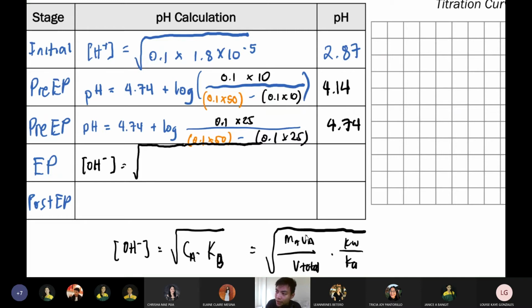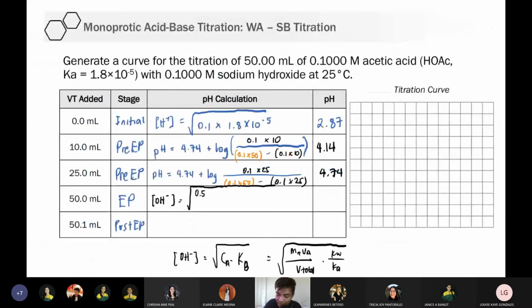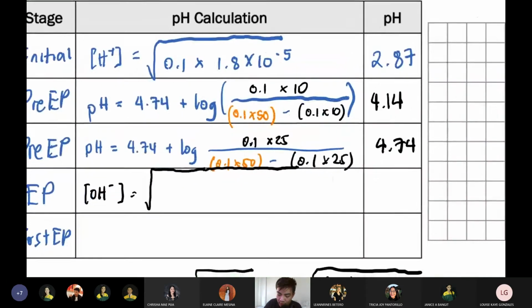Okay. So yan, plug in natin ito dito. We have the MAVA. 0.5. May 0.5 ba yun? Sorry, 0.1. Typo pa. Okay. Zoom in. Ayan. We have 0.1 times 50 ml analyte over, ano yung total volume? 50 plus 50. 50 ml analyte, 50 ml titrant na.